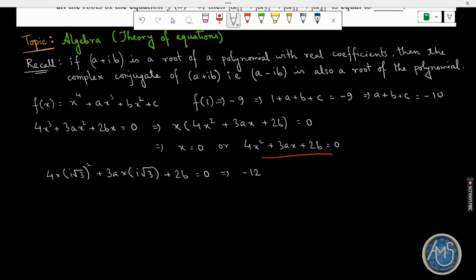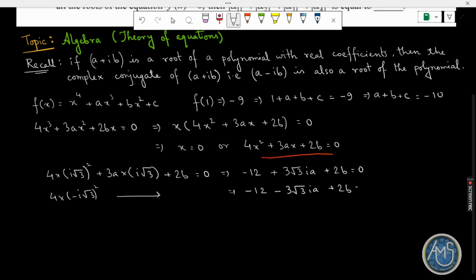So root 3 square, 3 into 4, -12, plus 3 root 3 i a plus 2b equals 0. And if we put the second root, that means 4 into minus i root 3 whole square, I will get -12 minus 3 root 3 i a plus 2b equals 0.